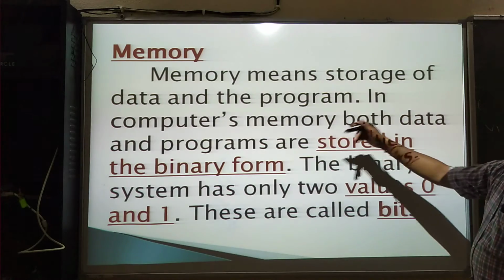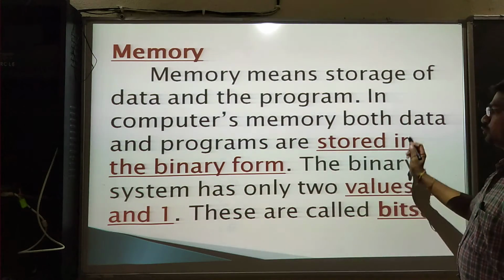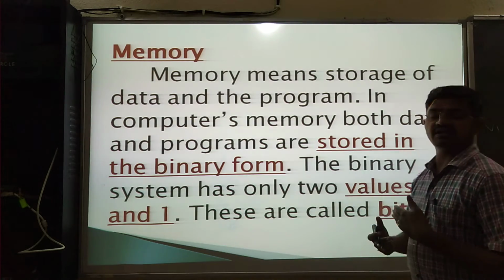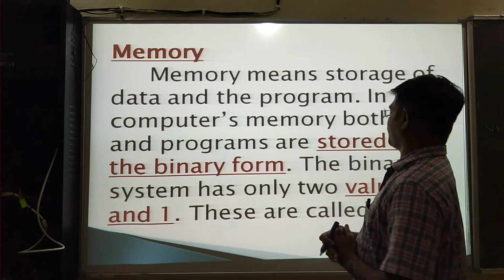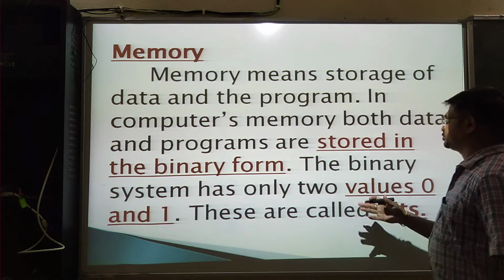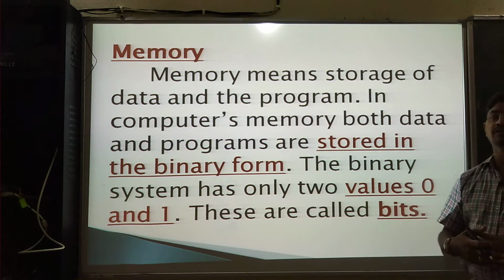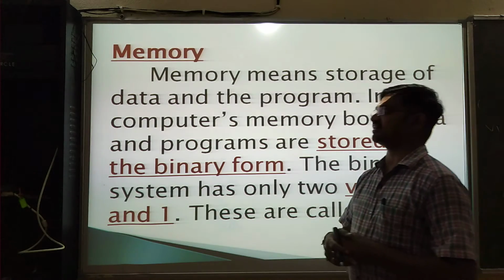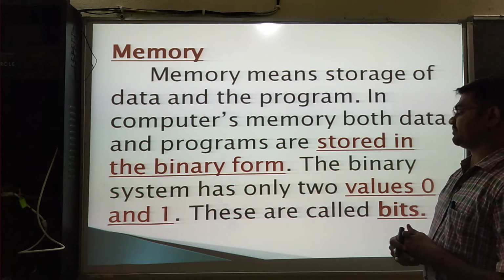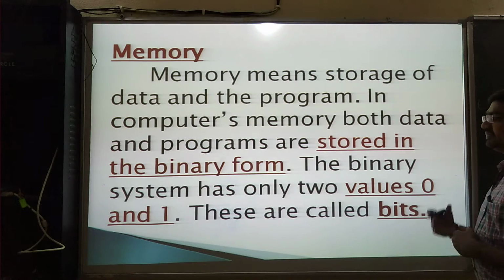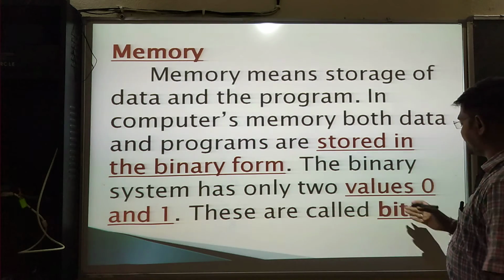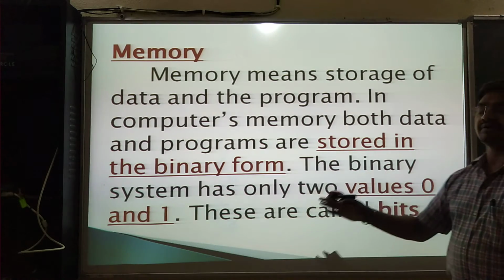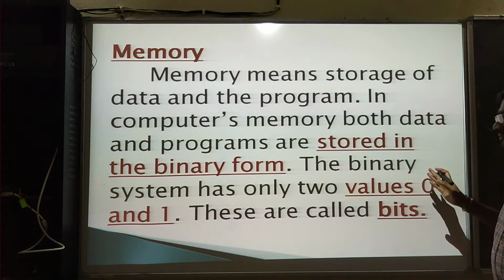In the computer's memory, both data and programs are stored in binary form. The binary system has only two values, 0 and 1. Binary means numerical values, and 0 and 1 are called bits.